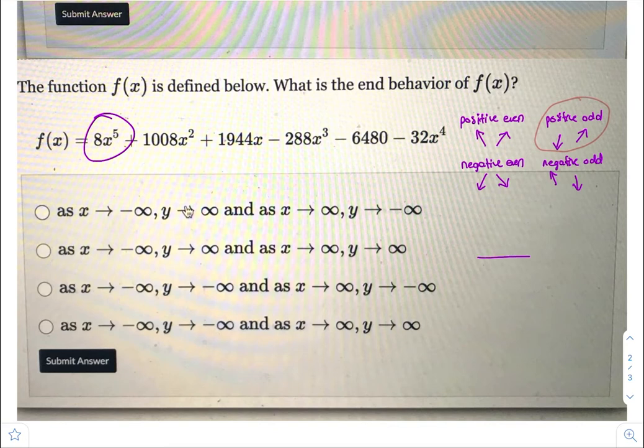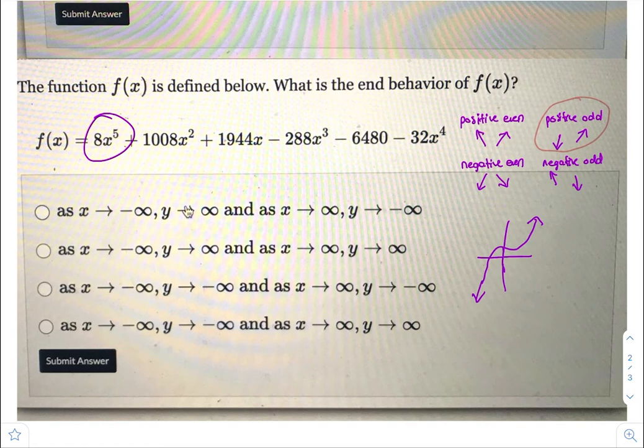So you know our graph is going to look like this. So as x approaches infinity, which means going to the right, f of x is going up, or y is going up. Well, they reversed it. So we'll just go in reverse.